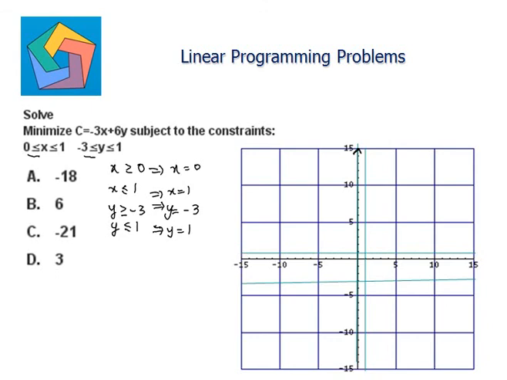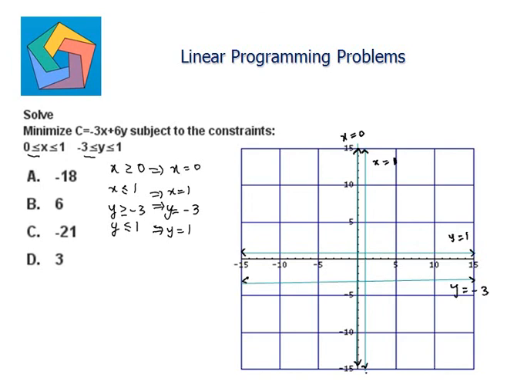So this line is x equals 0, x equals 1, y is equal to 1 and y is equal to negative 3. Now the solution regions.